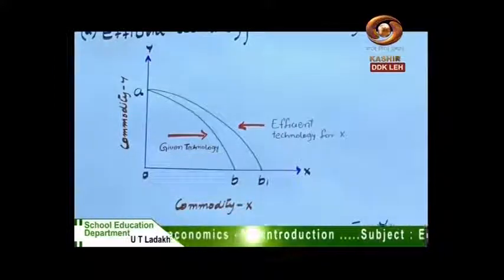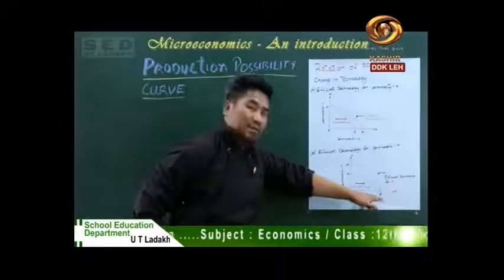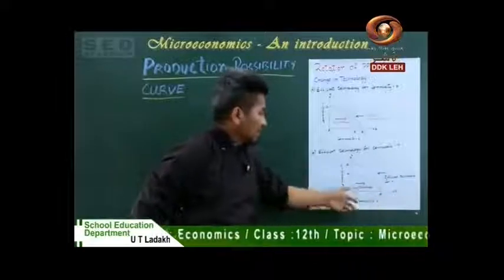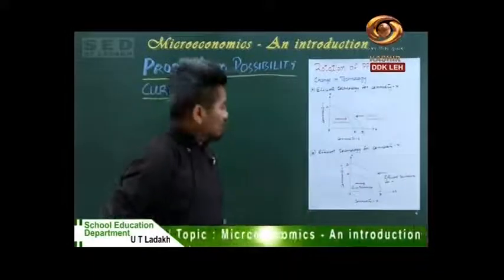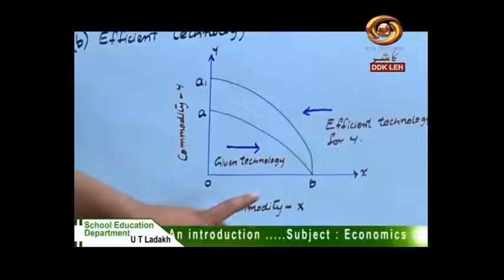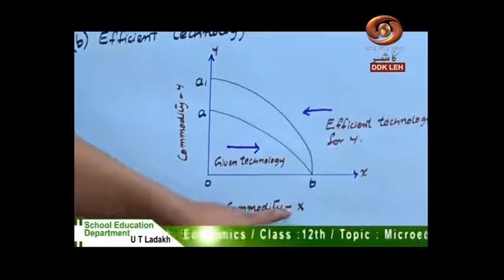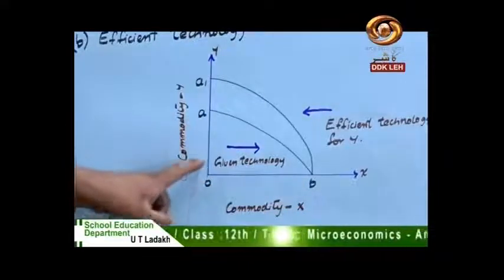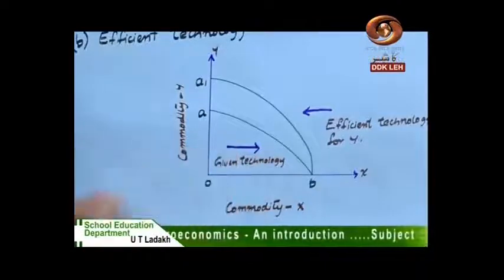And on the other side, you see here again on the x-axis I have measured commodity X, and on the y-axis commodity Y. Now the original production possibility curve is AB. It means we are producing OB amount of commodity X and OA amount of commodity Y with the given technology and given resources.